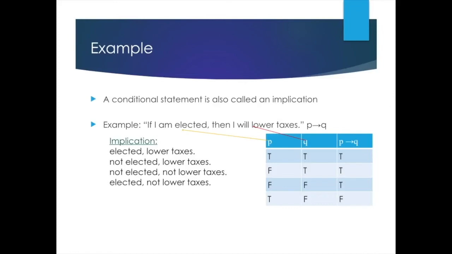Now, I am not elected and I haven't lowered the taxes, both are false. False implies false, which is true, because here the hypothesis is false and the conclusion is false. And this is where you will find most scientific experiments happening.